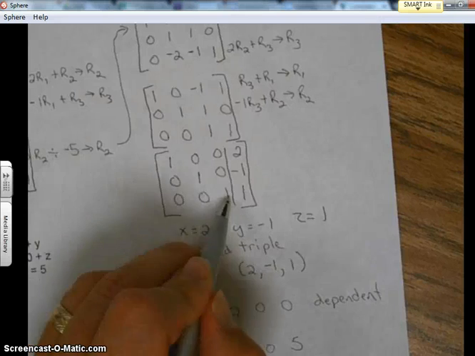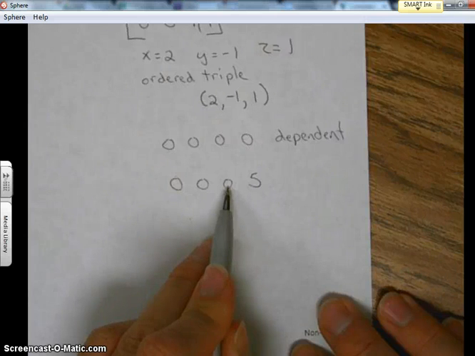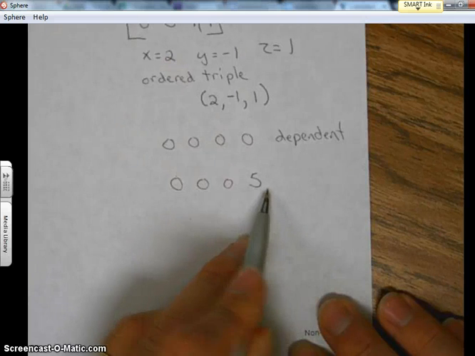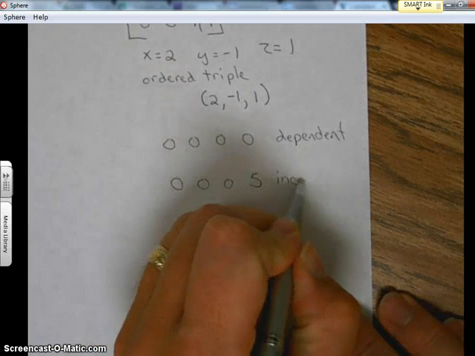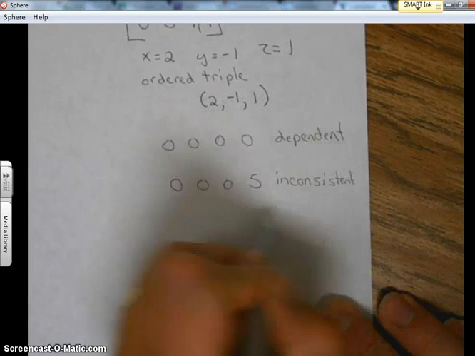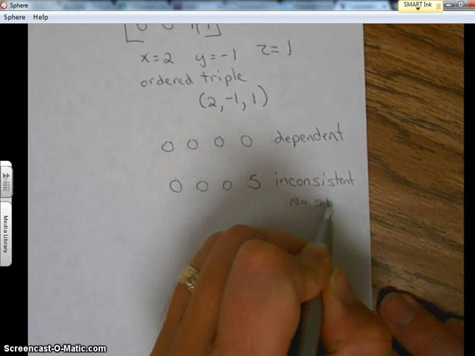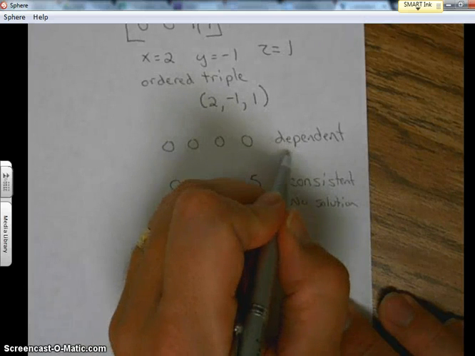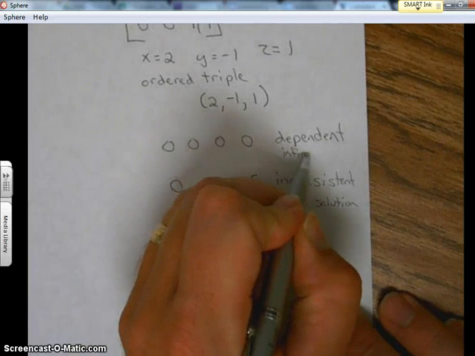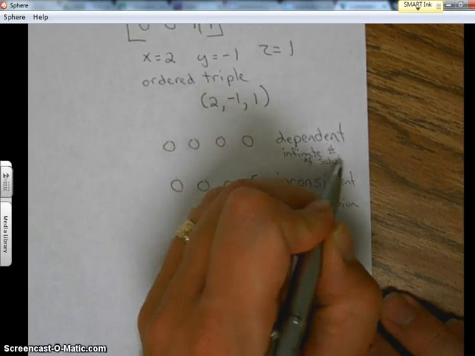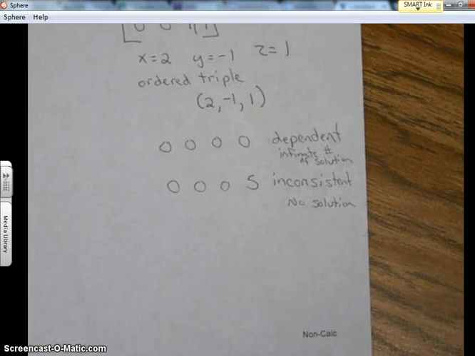In all of our rows we have a 1 in the identity matrix. If a 1 is missing and you get 3 zeros and some number that's not a 0, then you have inconsistent. In other words, no solution. And dependent means an infinite number of solutions. So try to study this, try to memorize this vocabulary.